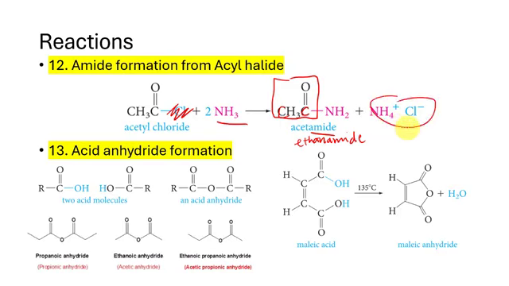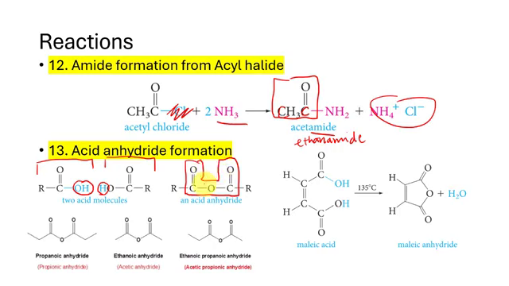Next, we have acid anhydride formation. Acid anhydride formation is the condensation reaction of 2 carboxylic acids. So take notice that the hydrogen of one carboxylic acid will fuse to the hydroxyl group of another carboxylic acid and unite together to form this anhydride functional group.